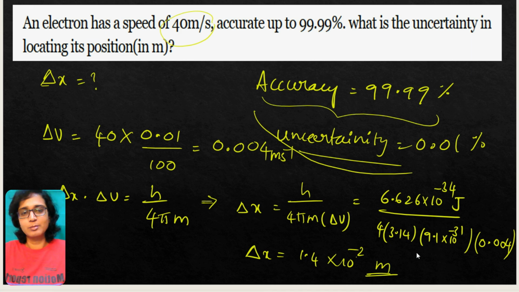In the next class we'll discuss the quantum mechanical model of hydrogen atom and quantum numbers, and remaining topics like stopping potential and Rutherford's model we will discuss separately at the end of the chapter. This is what we covered about de Broglie's hypothesis and Heisenberg's uncertainty principle.